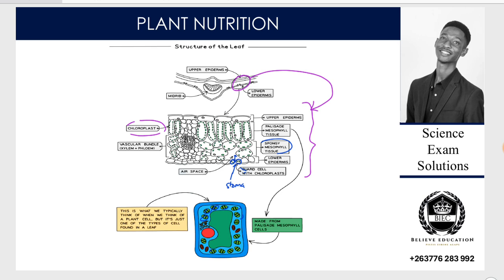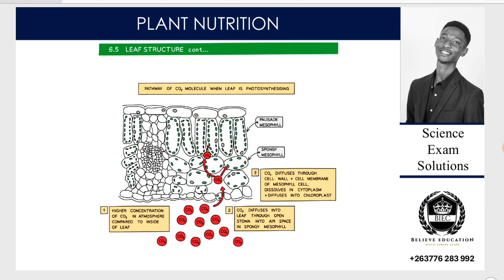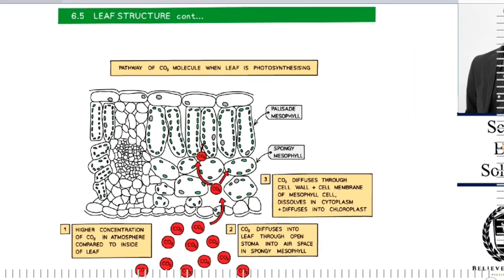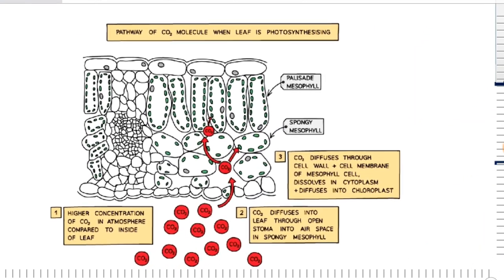So we want to go to the next part, still on the structure, where I will explain the pathway of carbon dioxide when the leaf is photosynthesizing. The carbon dioxide molecules move through the stomata. So number one, there is a higher concentration of CO2 in the atmosphere compared to inside the leaf.